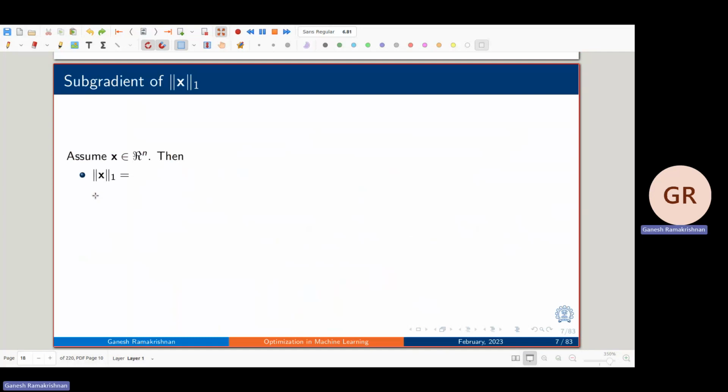Can you write the 1 norm of x as a max over multiple functions, a supremum or a max? So s equals -1 comma +1.